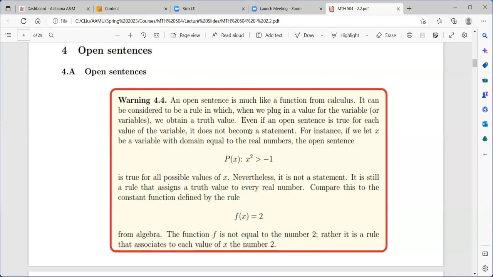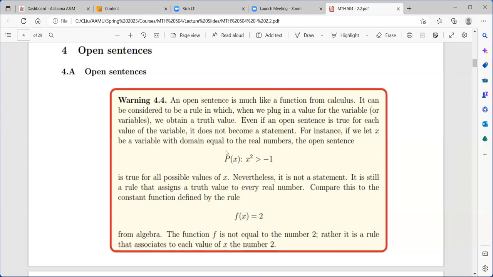All right. For example, if you write this open sentence, p of x, which is x squared greater than -1, and x is any real number, this is an open sentence because you don't specify any value of x in this notation.